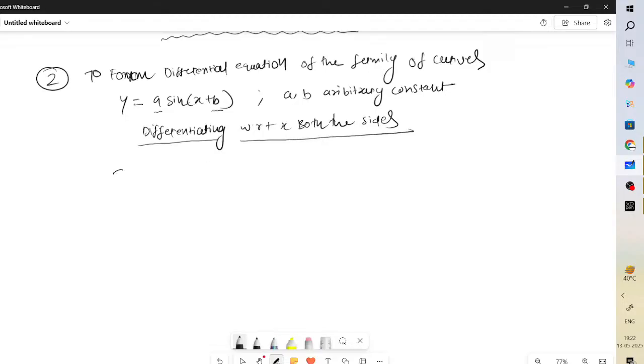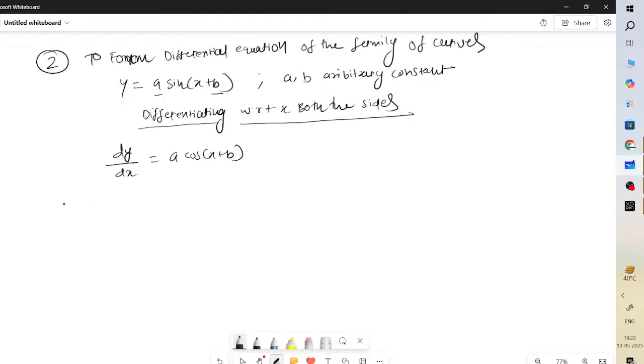We get dy by dx equals to a cos of x plus b. Why? Because differentiation of sin of x plus b is cos of x plus b. Okay.